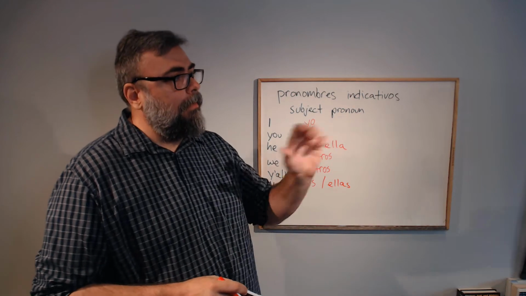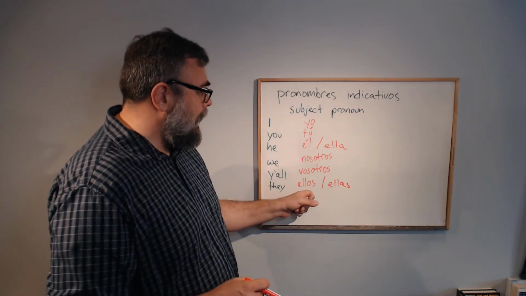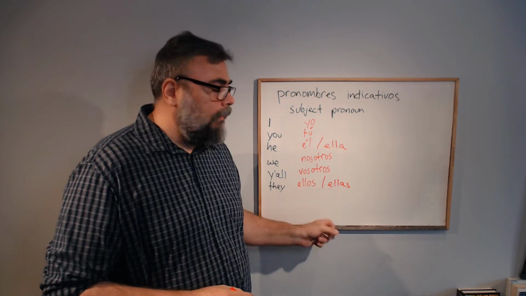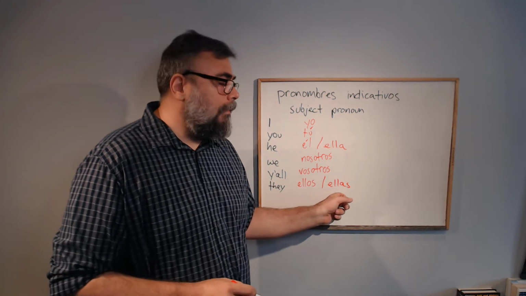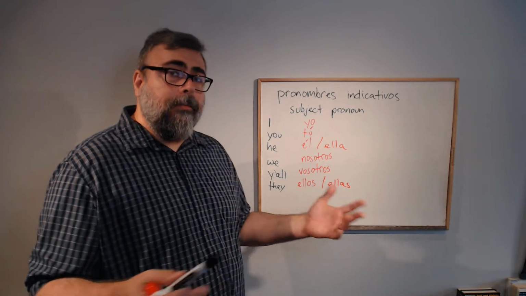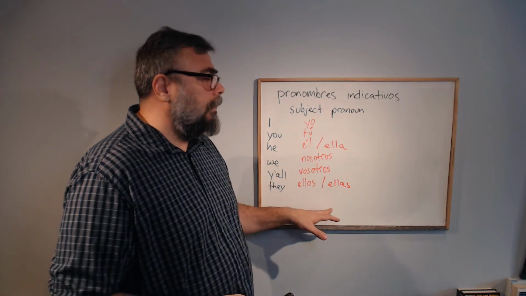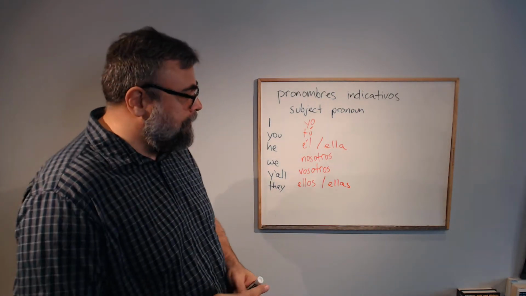So if you see 5 people walking down the street and there's just one male with them, that is ellos. All right, so the group has to be purely feminine to use the feminine. All right, muy bien. Very well, very good. Muy bien. We have our subject pronouns.